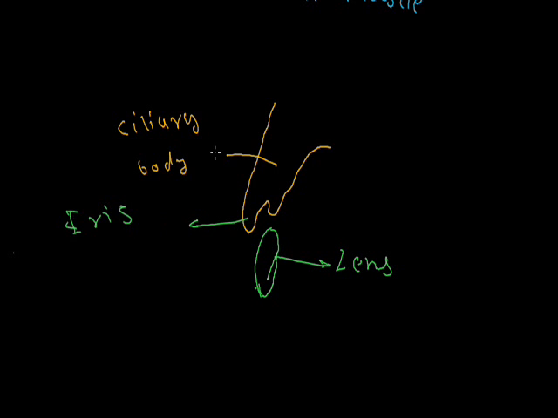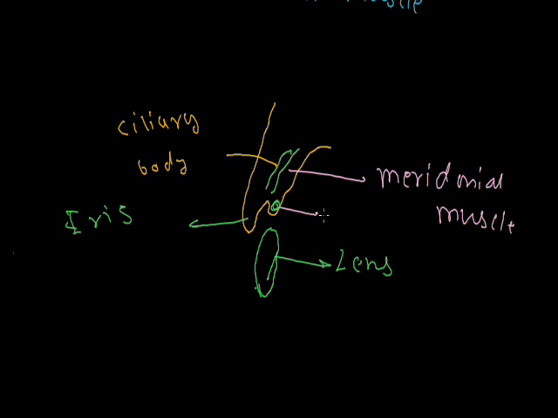This part is the choroid, this part is the ciliary body, this part is the lens, and this part is the iris. The ciliary body consists of two muscles, meridional muscles and circular muscles. The ciliary body is connected to the lens by a ligament, and this ligament is called the suspensory ligament.